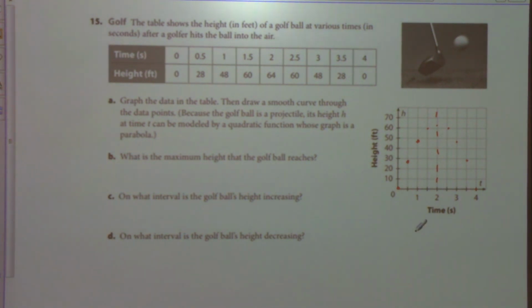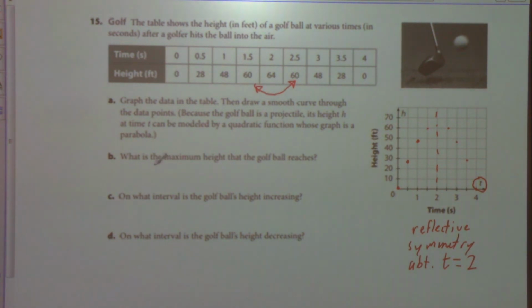We have reflective symmetry about the line x. That's actually t, right? t equals 2. So reflective symmetry, and then you can kind of see these numbers being the same, right? So that corresponds with that.